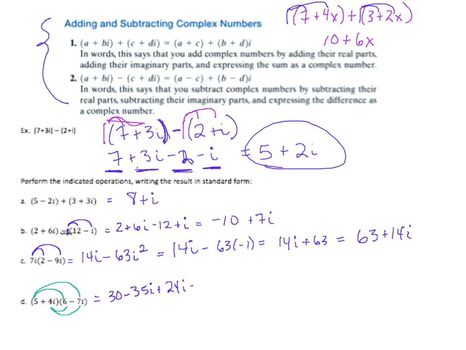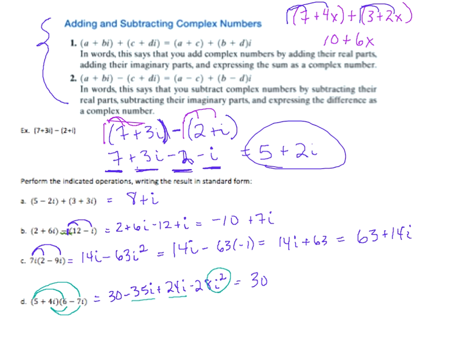And 4i times negative 7i is negative 28i squared. I've got like terms I can combine here and here, and I need to change that i squared to a negative 1.